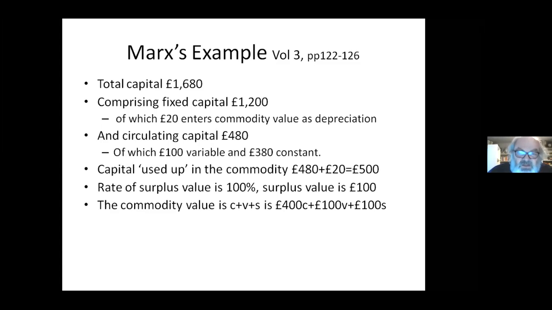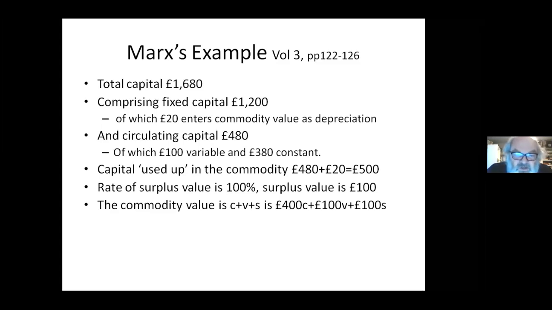It would take 60 years on a straight line to get all the fixed capital's value passed over to commodities. More typically, it's about 10 years or so, maybe 30 years for buildings and 10 years for machines. But I think that's based on real figures that he was given, and so he sticks with it.